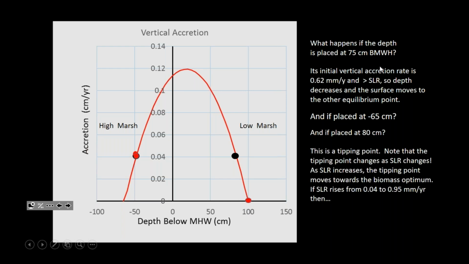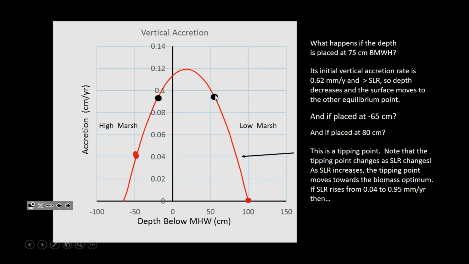Also, think of this. That's a tipping point. And as the rate of sea level rise increases, these points converge and they move like that. So if the rate of sea level rise goes up to 0.95, that one goes there, and that one goes there.